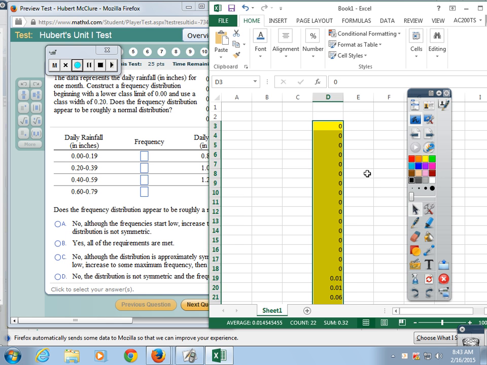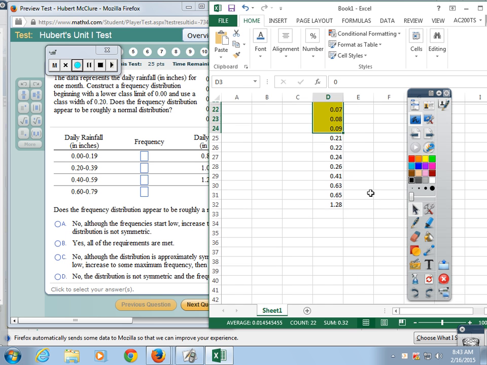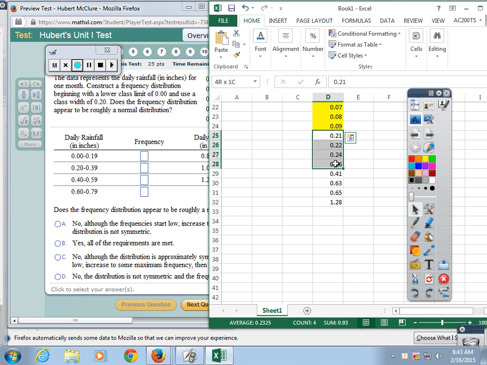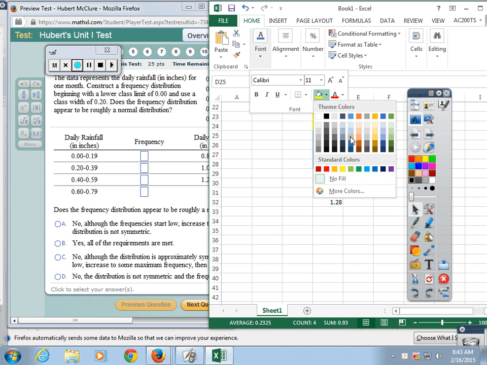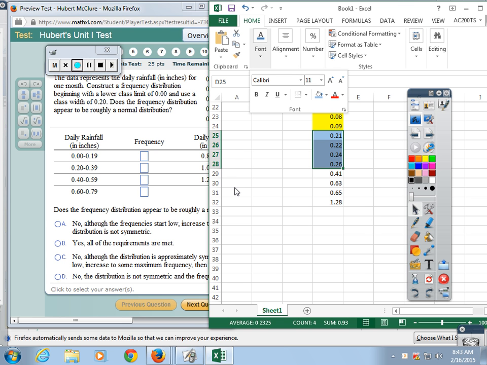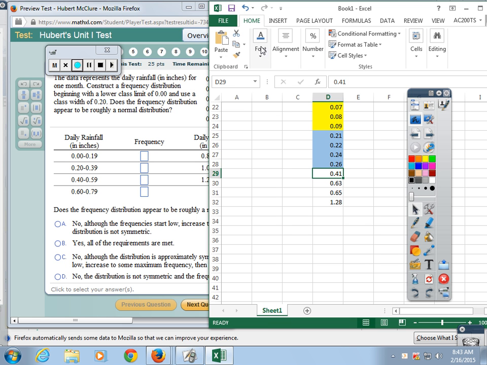Then the next one is 20 to 39. That's those right there. We'll color those blue. And then the next one, 40 to 59. That'd be that one.